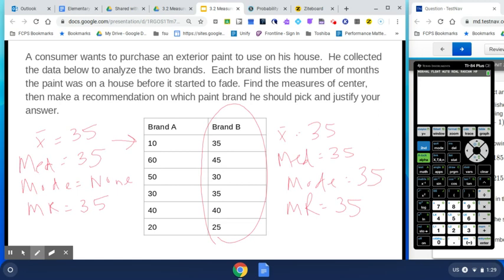Or it could take 5 years for it to start to fade. It could start to fade in 60 months. But you don't know what you're going to get with brand A. Brand B is, again, more reliable, more consistent. You expect it to last around 35 months. So around 3 years before you have to repaint your house.